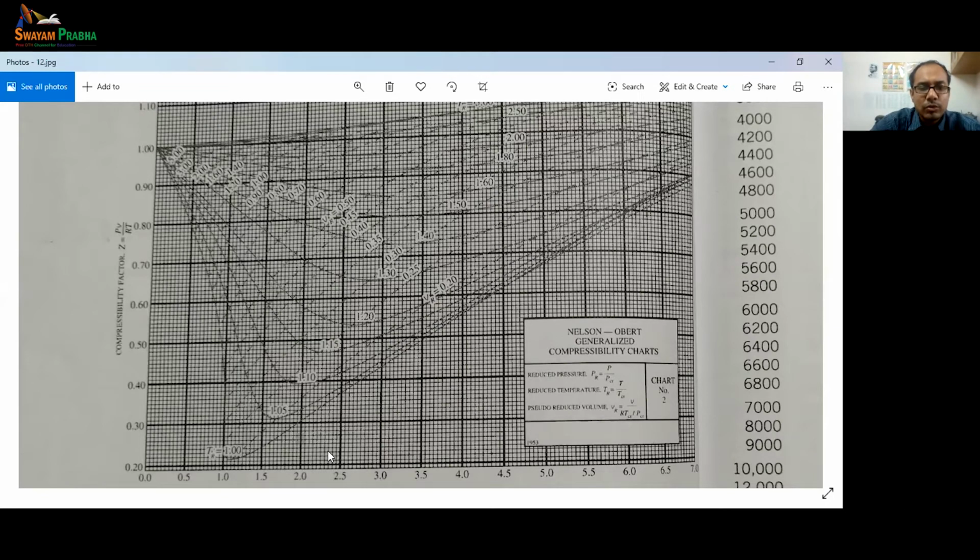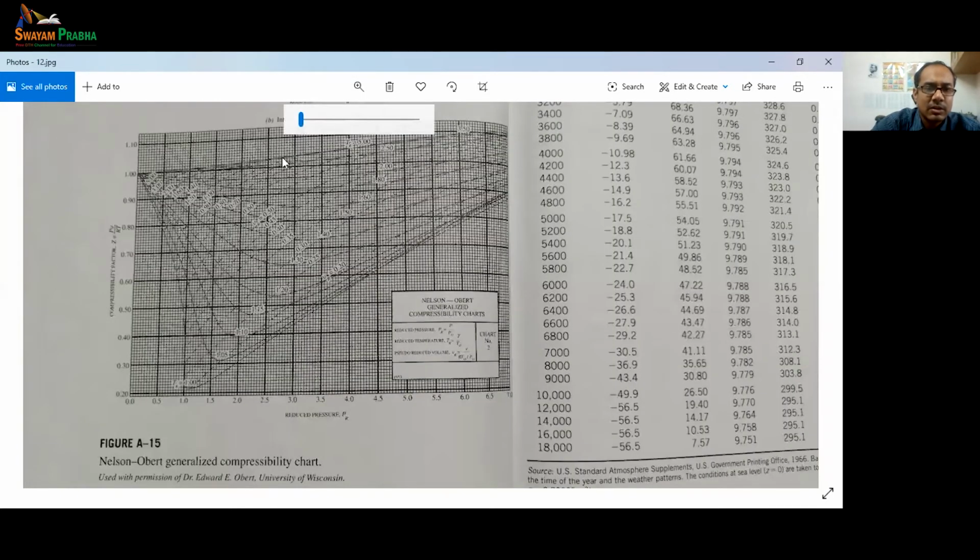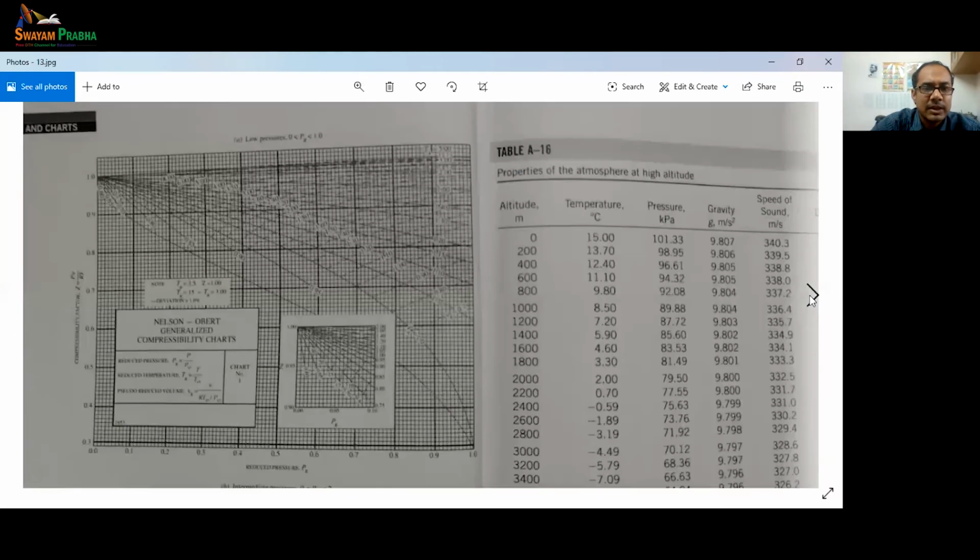So we have to find out the reduced pressure PR and reduced temperature TR, and read this chart to find out the generalized compressibility factor Z. And there is a little zoomed version for this also. Let me see if we have that. Yes.